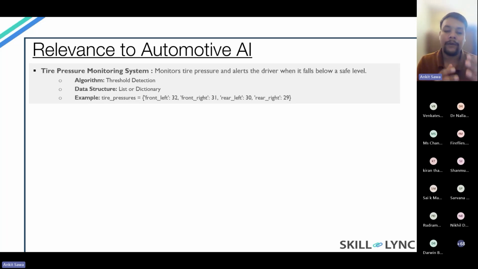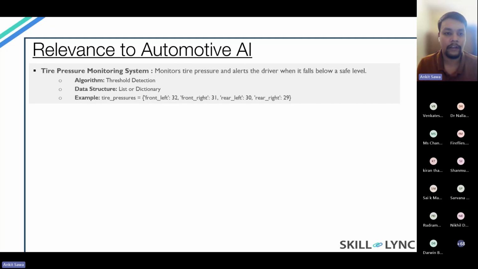If you try to break it down as a mathematical problem or a coding problem, there is an associated algorithm which first defines step by step how it has to be done. Here the algorithm is nothing but threshold detection. It identifies the threshold pressure of each tire to send out alarms.